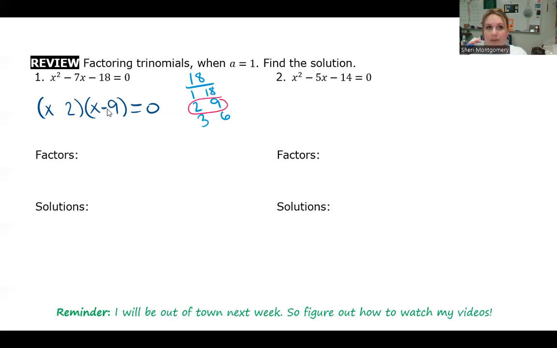And then from there, if I have -9, but I want -7, so I'd have to do -9 plus 2. And so my factors are X plus 2 and X minus 9. Those are my factors. My solutions are X is equal to -2 and +9.